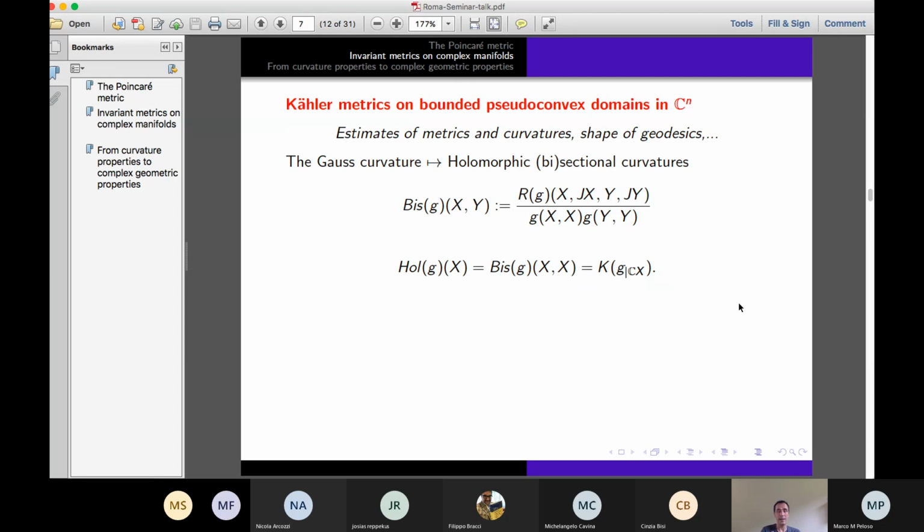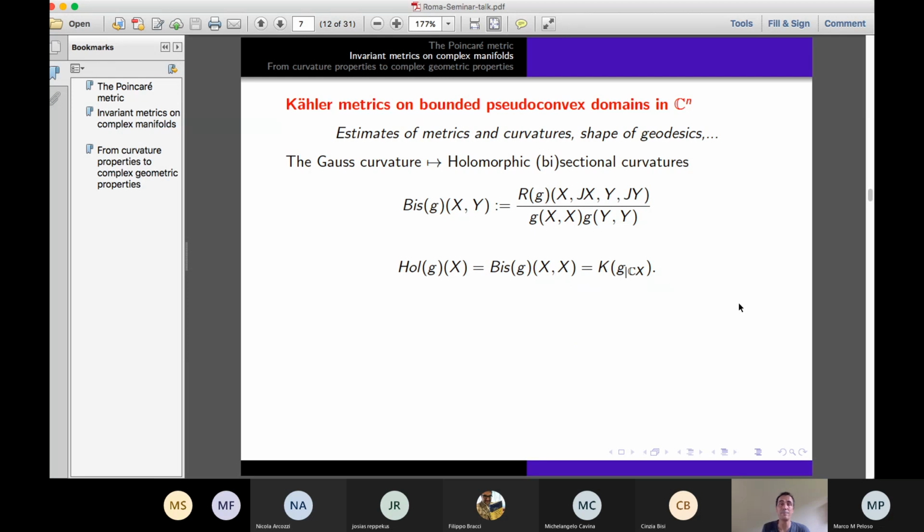You fix a point and you try to understand how they escape and how they go to infinity. Even if you consider a bounded domain, if your metric is complete, you see the boundary as the boundary at infinity. So you can try to understand estimates of the metric, but also estimates of the curvature, and, as I just mentioned, the shape of geodesics.